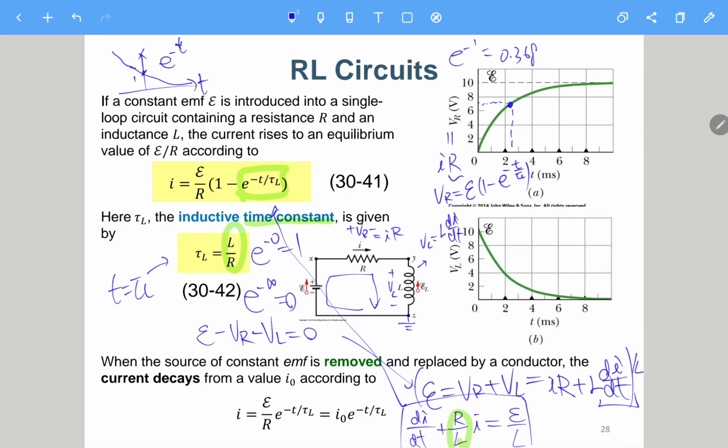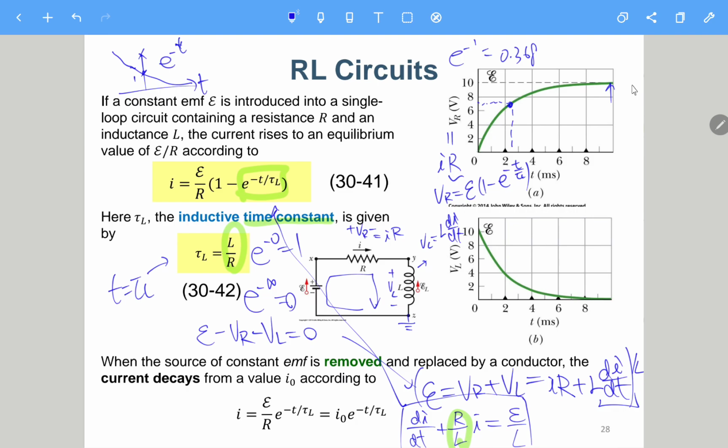Okay. So what does it mean? I mean that this one will not be equal to e precisely. It only approaches e when t is very large.